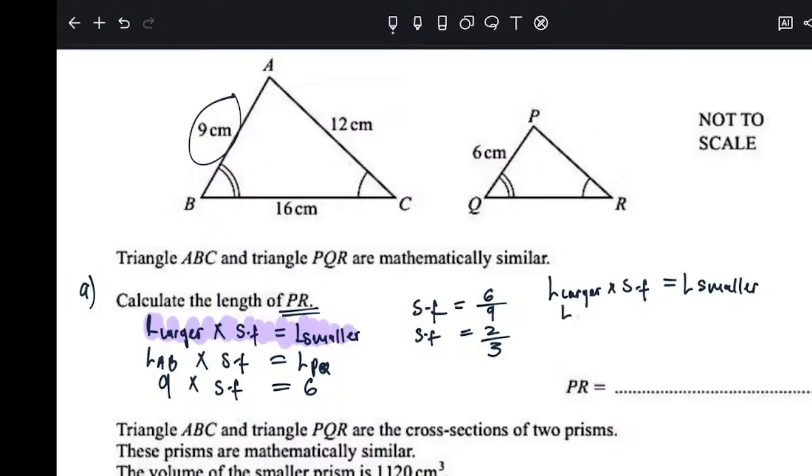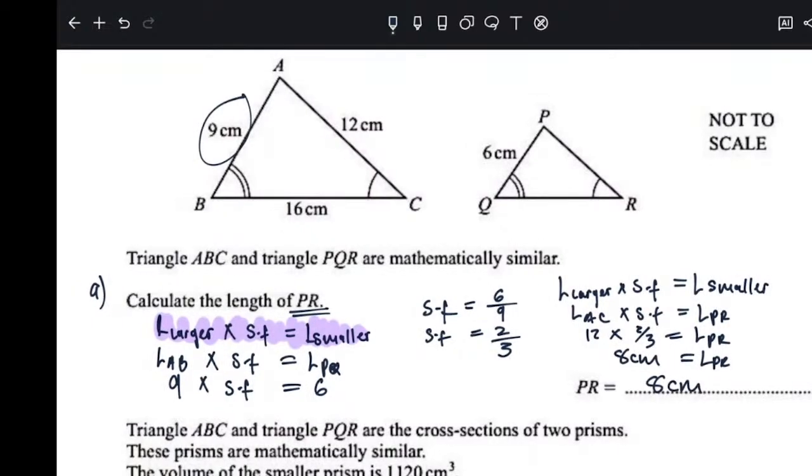So you say length AC times scale factor gives me length PR. What's length AC? 12. Times what's the scale factor? 2 over 3. It should give me length of PR. Tell me, what is 12 times 2 over 3? You say 12 times 2, then divided by 3. What do you get? You get 8. 8 centimeters is equal to length PR. So you just come and you say here 8 centimeters. And you get your 2 marks.